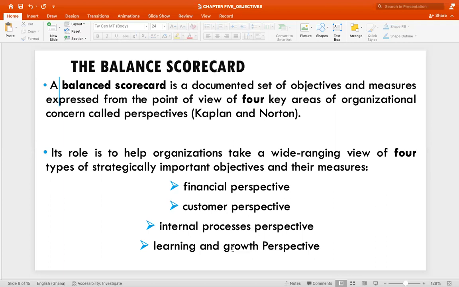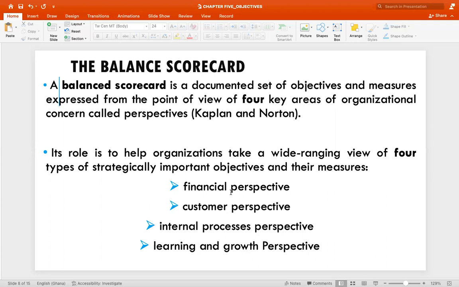So the balanced scorecard, as we said from the intro, is not just about allowing CEOs and managers to focus on financial performance. This is good, but it's a short-term measure of firm performance. If you get the others wrong, it is just a matter of time before this financial perspective will begin to shrink in terms of the returns that you can make financially.